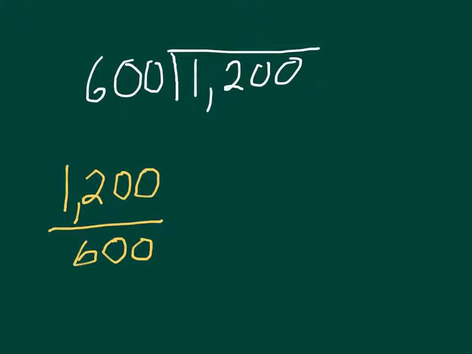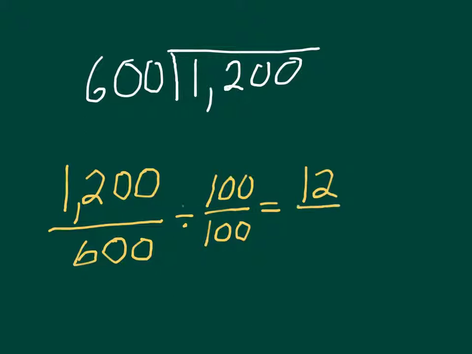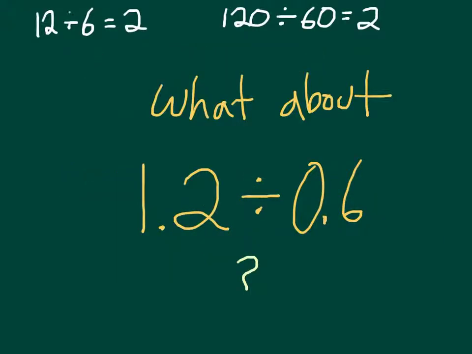And now I realize that if I divide the top and the bottom by 100, that's going to change this into 12 over 6, which is just 12 divided by 6. That's equal to 2. So 12 divided by 6 was 2. 120 divided by 60 is 2.